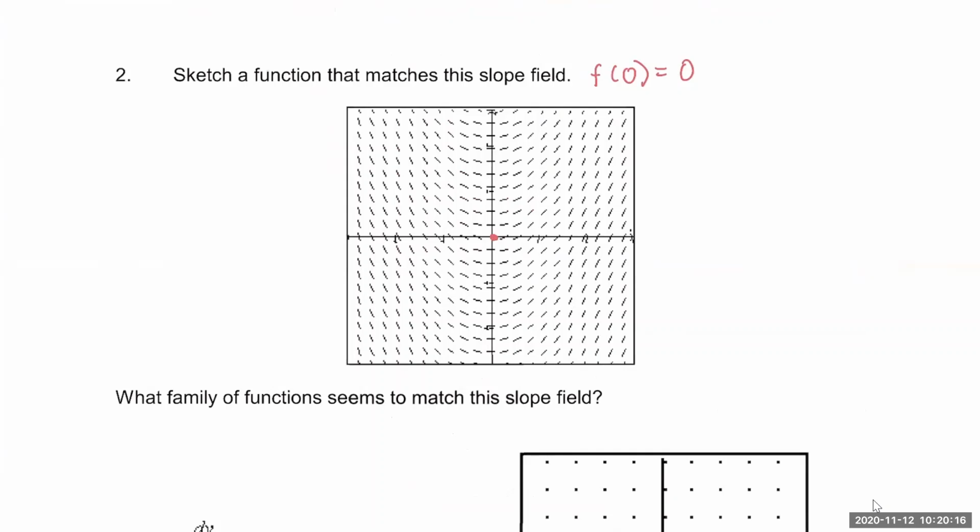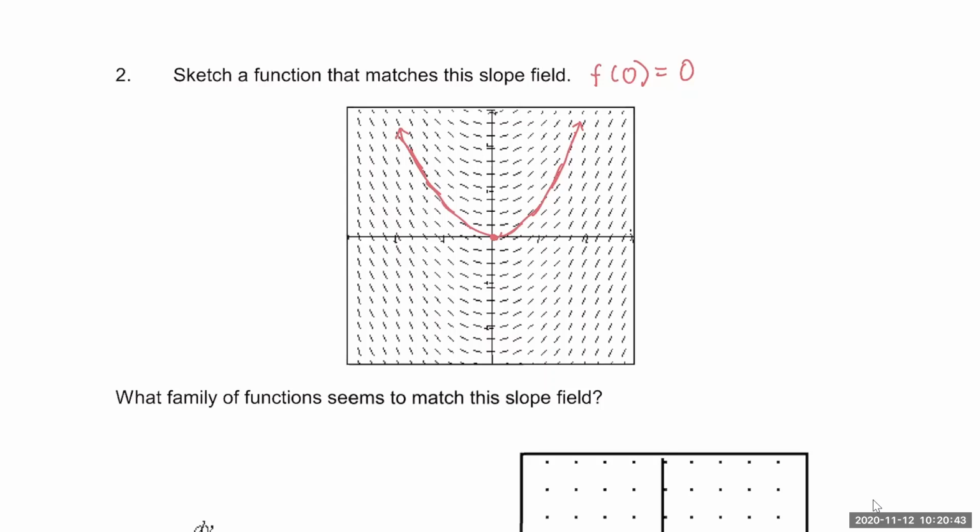And as you do that and try to figure out what the graph looks like, a couple things to note: the AP readers are not going to ding you if one parabola is wider than the other. So long as you make sure you match the movement of the slope field, you should have gotten some type of parabola for this one. Whether your parabola is a little bit wider or a little bit narrower, it doesn't matter.